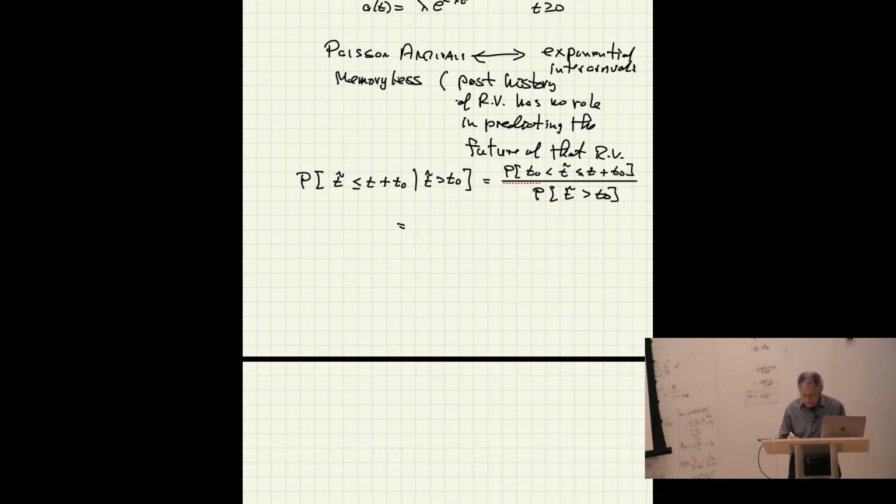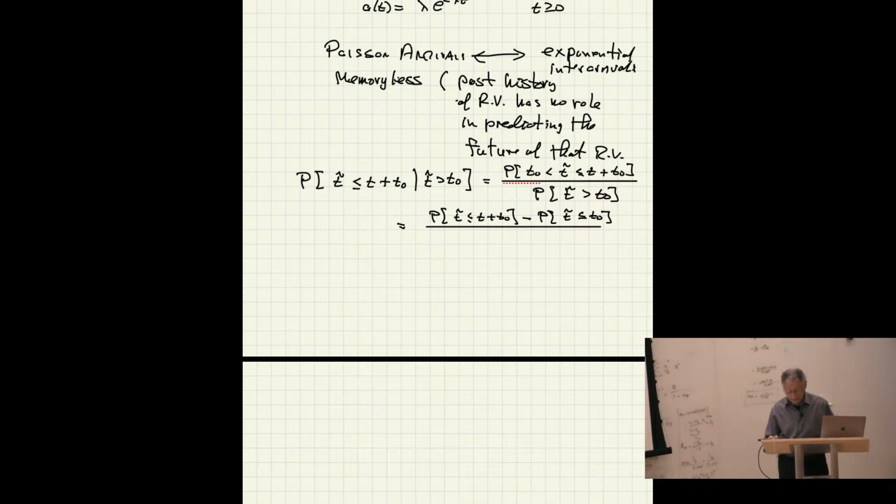Now the numerator is equal to the probability that t tilde is less than or equal to t plus t0, minus the probability that it's less than or equal to t0.